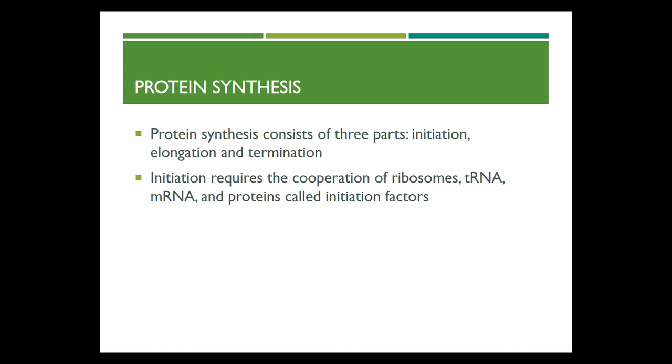These three stages require an assortment of accessory proteins that bind to transfer RNA and to the ribosome in order to promote the speed and accuracy of translation.